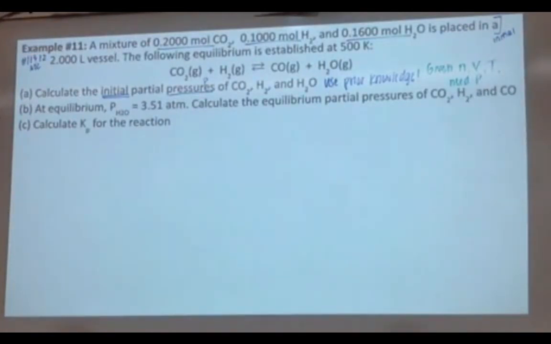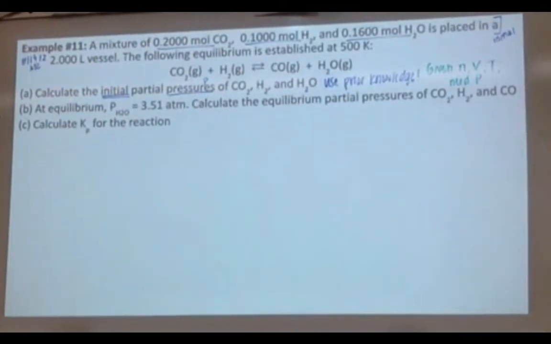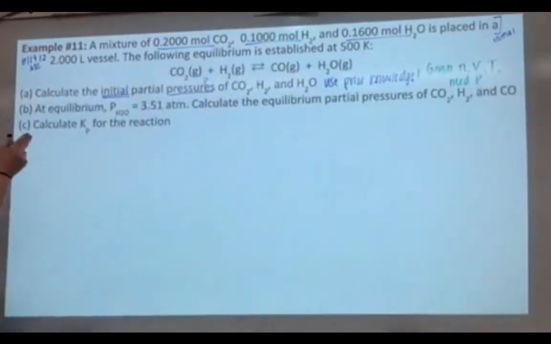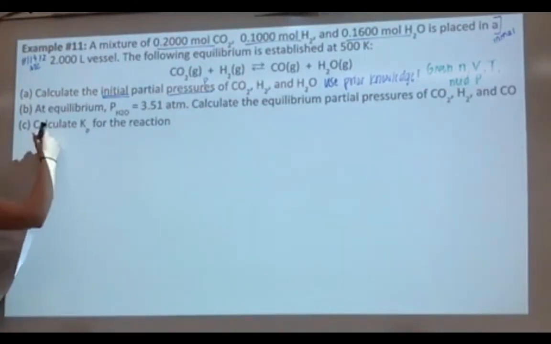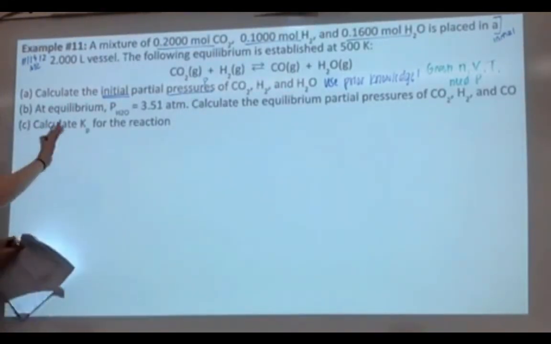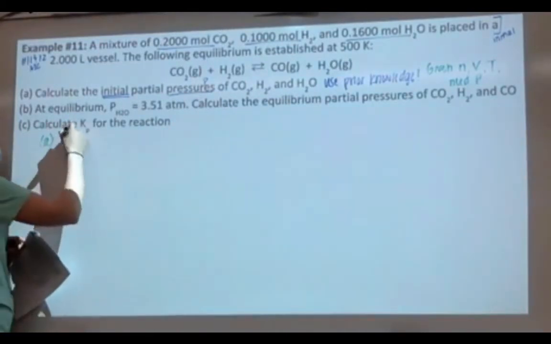N, V, T, we need P. Think about what we've used before with gases that we could use in part A. P, V, N, we always have R, and T. You can use the ideal gas law. So for part A, what we're actually going to do is use the ideal gas law. We have not gotten to equilibrium yet. Right now we're focusing on initial.